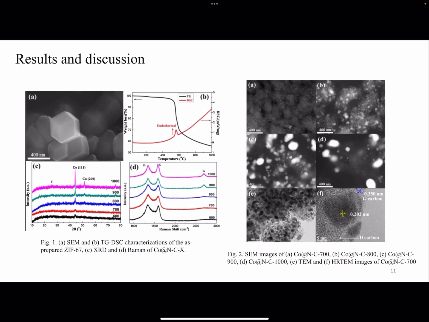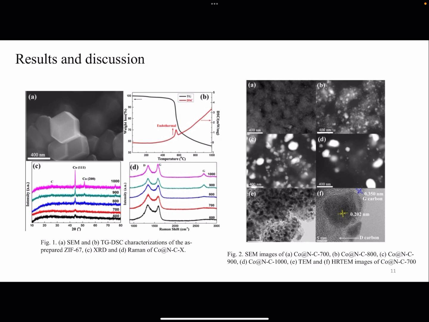However, as we increase the temperature from 800 to 1000 degrees Celsius, we see sharp peaks at 44 and 52 degrees. And by using the Scherrer formula, we calculate that the cobalt grain size grows significantly from about 8.4 nanometers to over 34 nanometers. And this confirms that high temperature leads to the aggregation of cobalt particles.